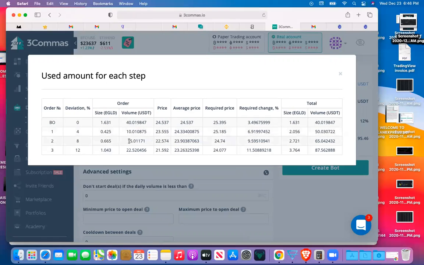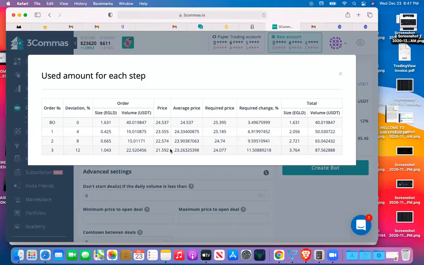Then when there's another 4%, making 8%, it will buy $15, more than the first one. Then when there's another 4%, that is 12% total drop, it will buy $22. So it buys me more volume of the coin when there's more drop in the price at the bottom. Now, what's the advantage of this?